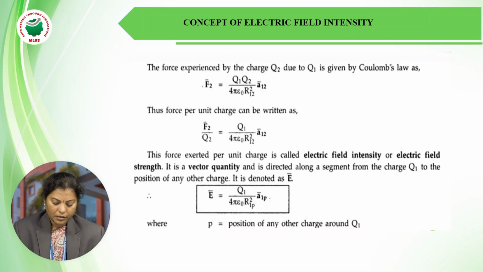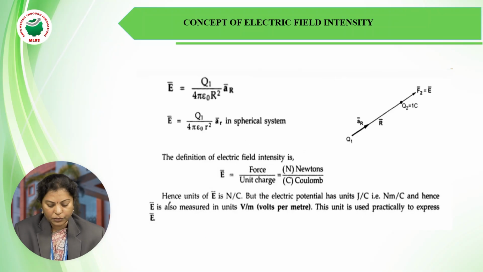If P is the position of any charge around Q1, in general we can write E equal to Q1 by 4 pi epsilon naught into R square into AR. Like this, Q1 and Q2, separated by a distance R, and the force is directed along this.